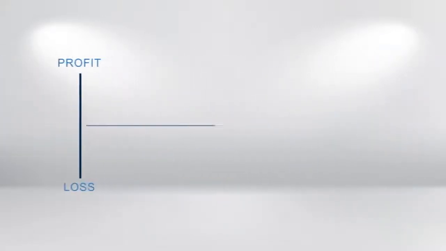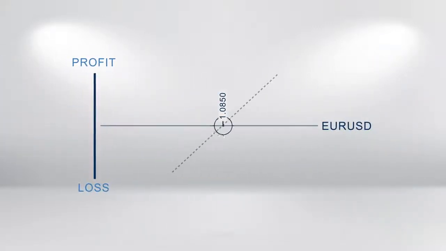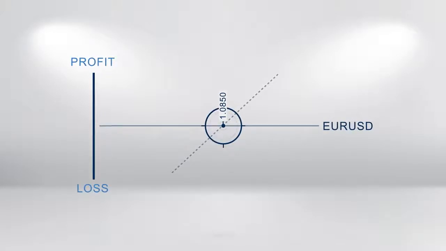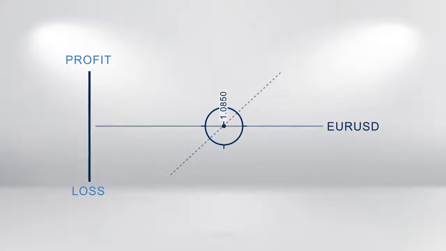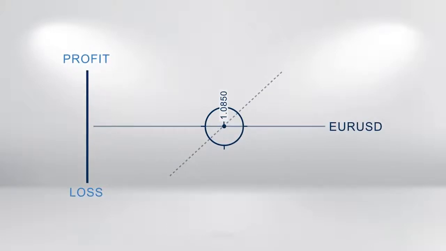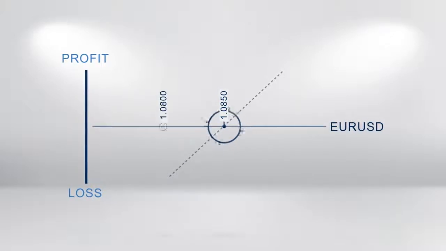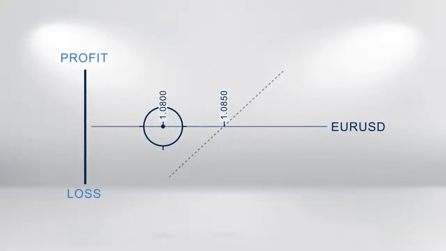If you are long euro-dollar spot from 1.0850 and you choose to sell a 1.1050 euro-dollar call option with the same notional amount as the spot position at a premium of 50 pips, then you can incorporate the 50 pips as part of your stop-loss strategy and place your order 50 pips further away.